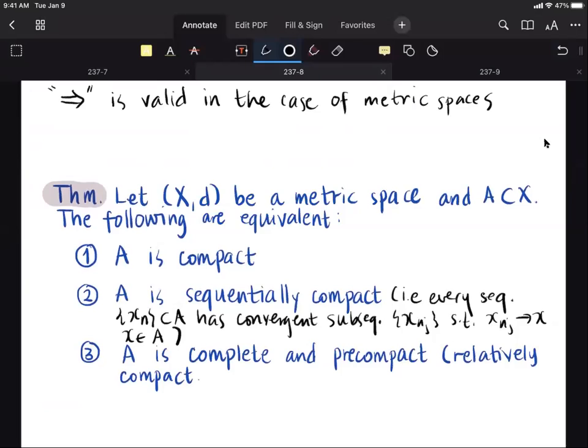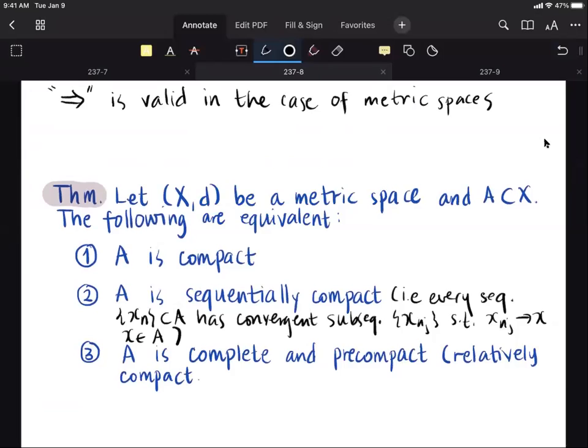And finally, these two statements are equivalent to the completeness of A. That is, every Cauchy sequence in A will converge to an element in A, of course, with respect to the metric d restricted to the subset A, as well as it is pre-compact.